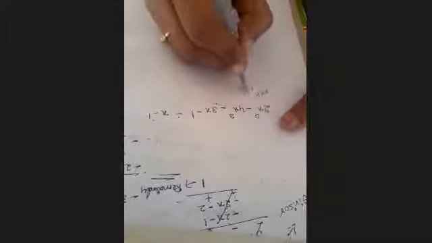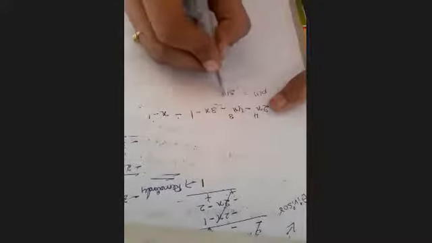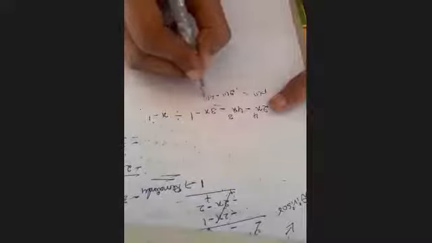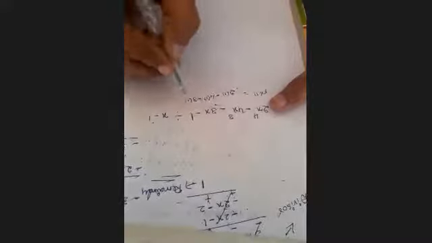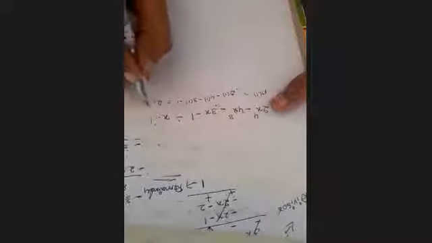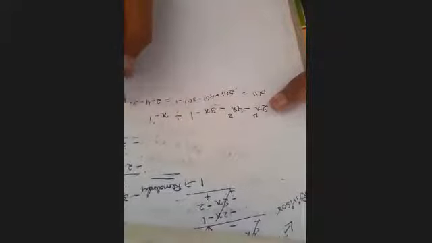See here. So first p of 1. So p of 1 we will get 2 into 1 minus 4 into 1 minus 3 into 1 minus 1. So 2 minus 4 minus 3 minus 1. So minus 4 minus 4, minus 8, minus 8 plus 2 means minus 6 will come.